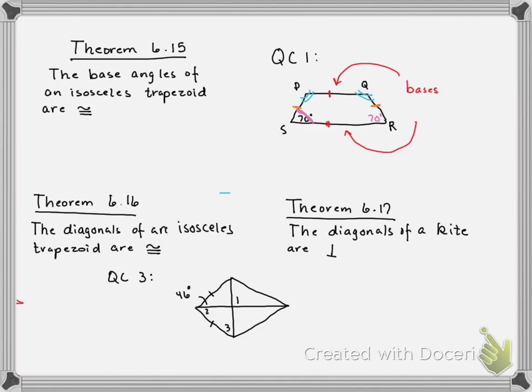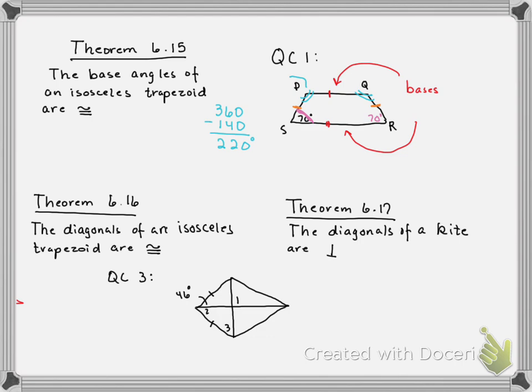Okay, so because this is a four-sided figure, a quadrilateral, all the angles add up to equal 360 degrees. So if angles S and R take up 140 degrees, 360 minus 140 leaves us with 220 degrees that we need to split up between P and Q, because both P and Q have the same measure as each other.